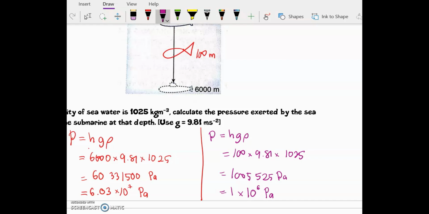So this is a lower pressure compared to when the submarine is at 6,000 meter depth.